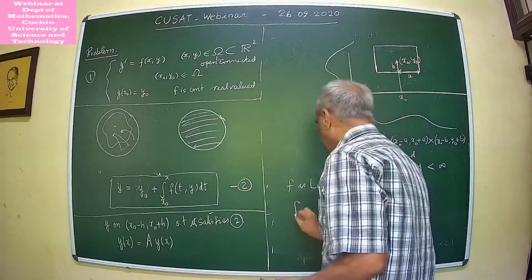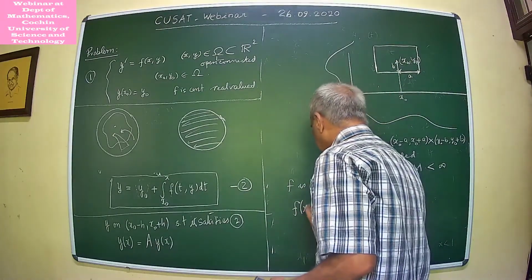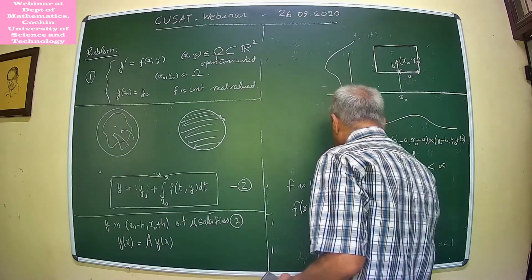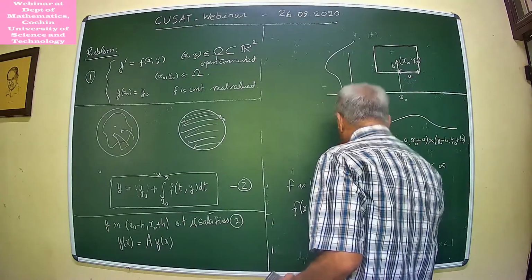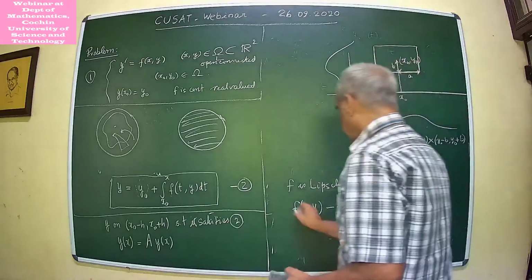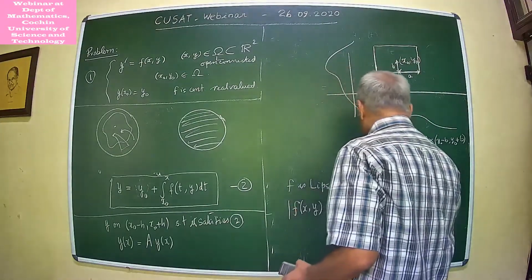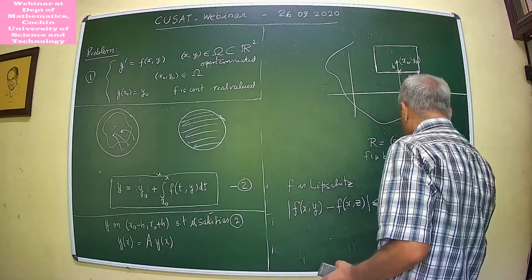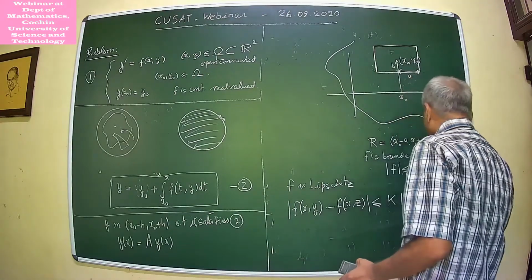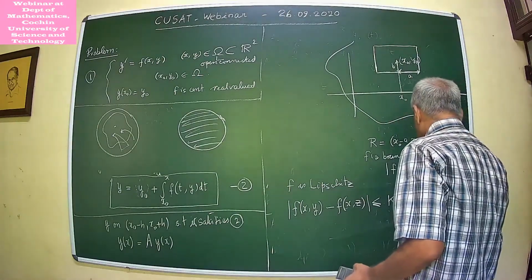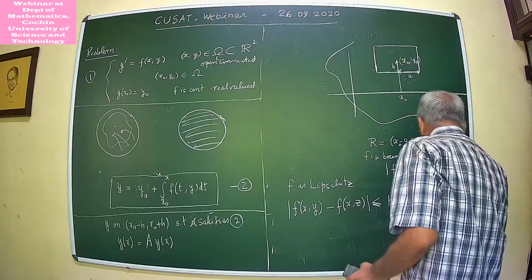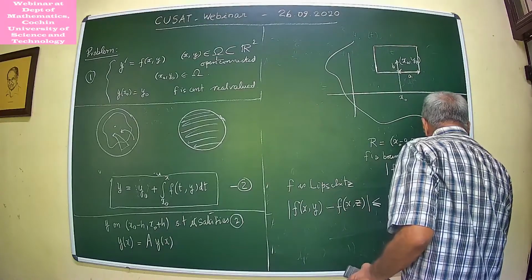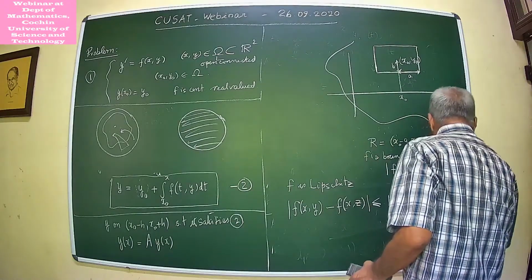This means the following: |f(x,y) minus f(x,z)| is less than or equal to some K times |y minus z| for every (x,y), (x,z) belonging to omega.